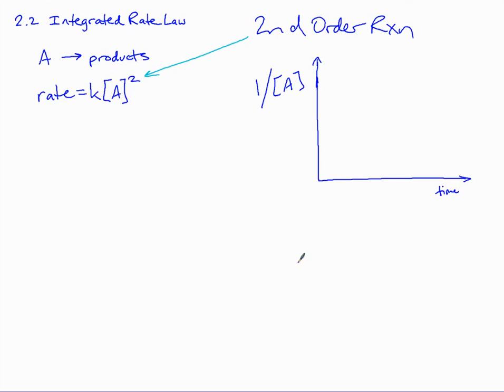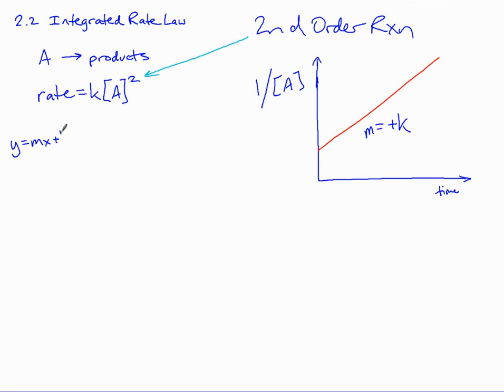And what we end up with is a graph that looks something like this, where the slope equals a positive K. So this is a linear relationship, and now it's got a positive slope, and that's one of the ways we could know it's second order.